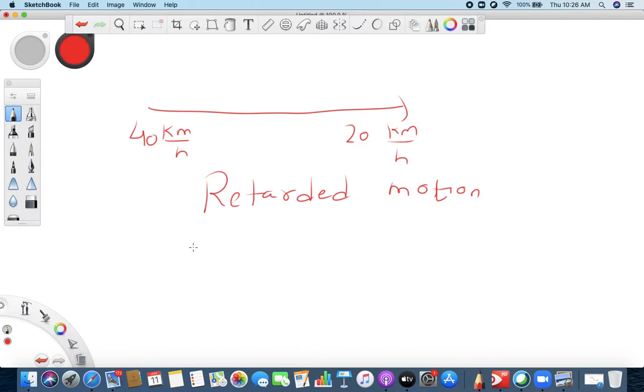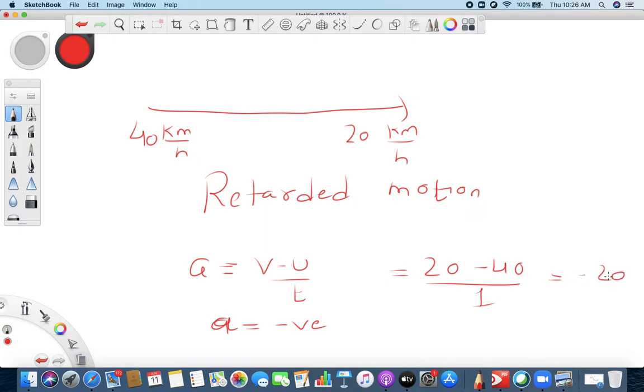So understand this small thing here. Again it is written as A is equal to V minus U upon T only, but as I said in the previous one, the A comes positive, here the value of A comes negative. Because here, if you see 20 minus 40 upon, let's say this is 1, so it is minus 20.